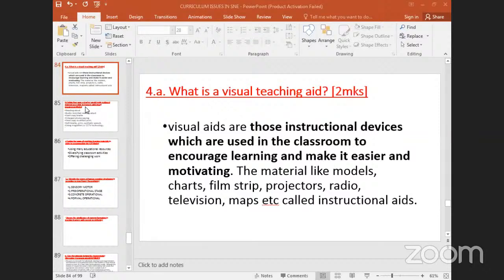Let's carry on. So the materials like models, charts, film strip, projectors, radio, television, maps, etc. are also called the instructional aids.